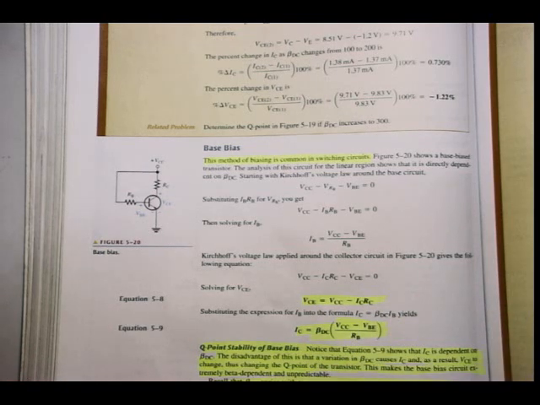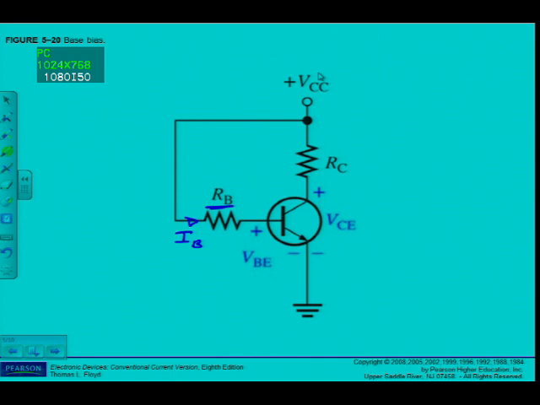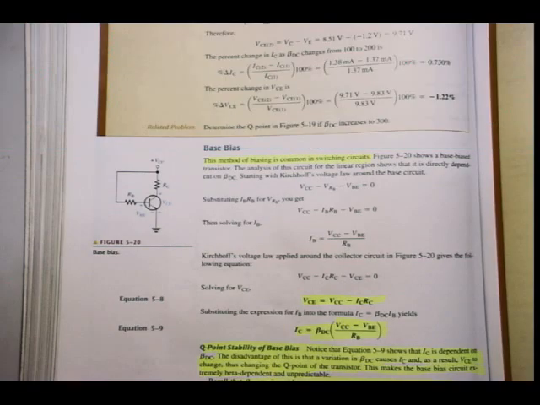If we look at the equations for this circuit, still Kirchhoff's law: VCC minus VRB minus VBE is equal to 0. Substituting IB RB for VRB and then solving for IB, I can get a formula, as you can see here.